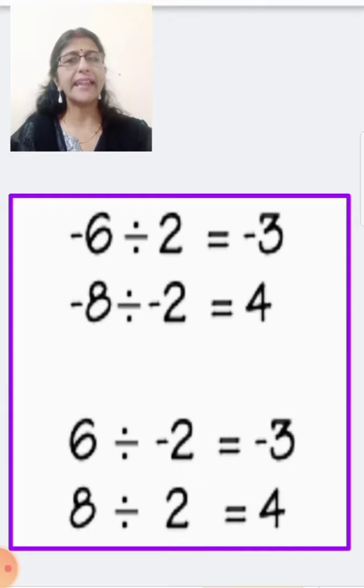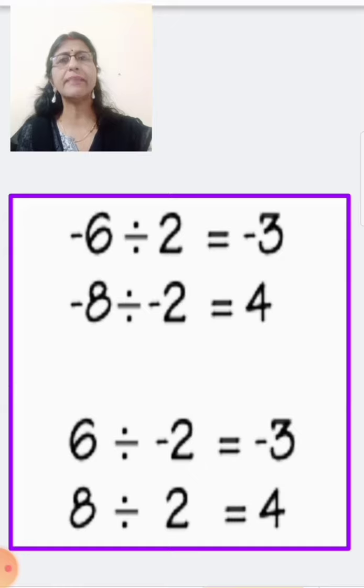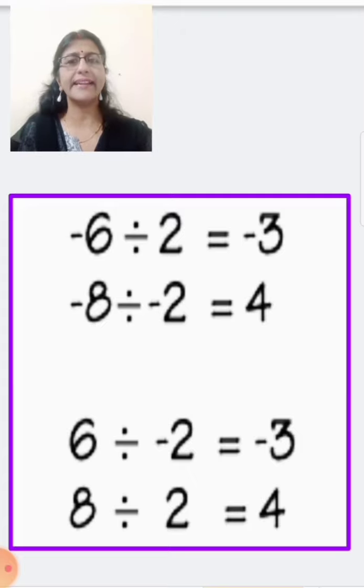First we divide 8 by 2, we get the whole number 4, which is also an integer. And then minus divided by minus is plus, same like multiplication, where minus multiplied by minus is plus. So here the quotient is 4, again an integer.